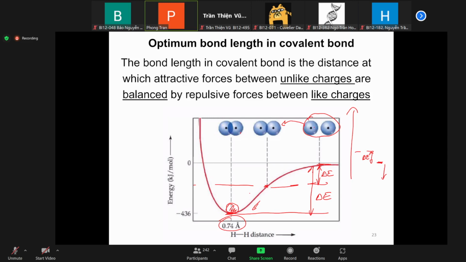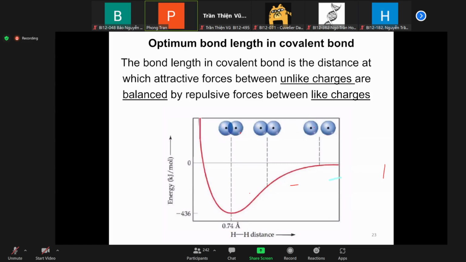Okay, now all chemical bonds, not only the hydrogen bond you see here, you can describe with this diagram. That means when I give you one molecule, A2, then you understand that the molecule A2 is at this potential energy here.